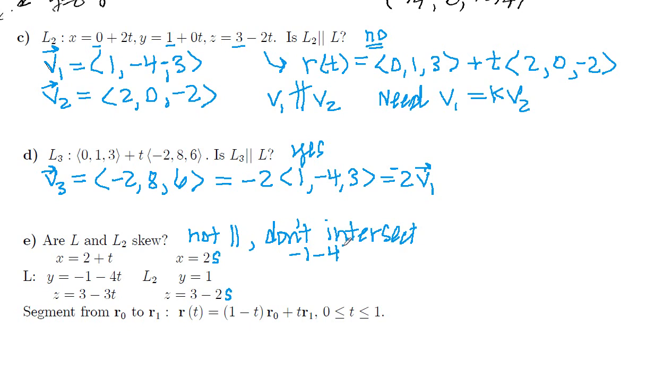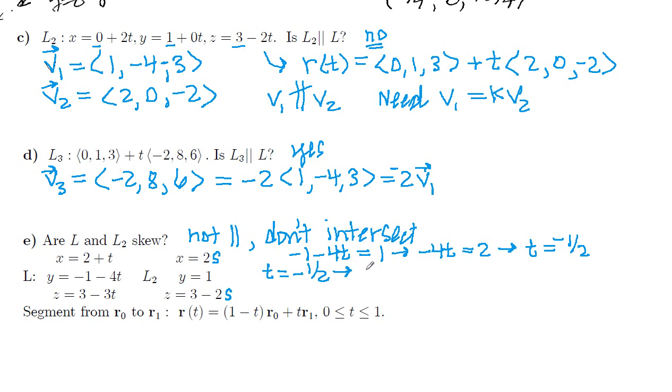-1 minus 4t has got to be equal to 1. Bring that -1 over as a positive. So we would get -4t is equal to 2. Divide both sides by -4. t is -1/2. So if t is -1/2, we can plug that into the first equation.